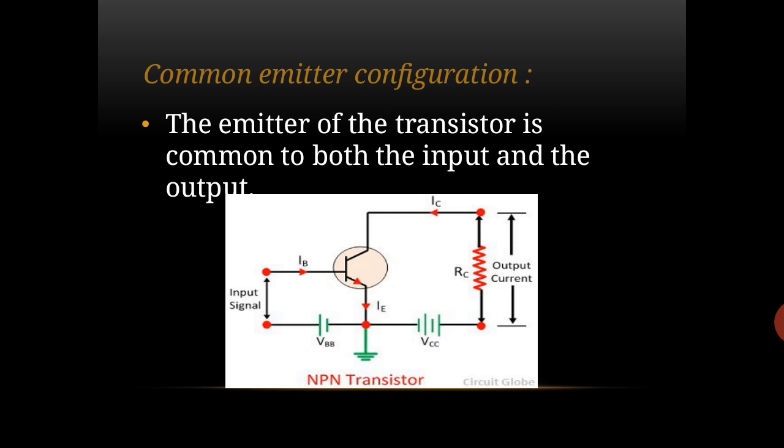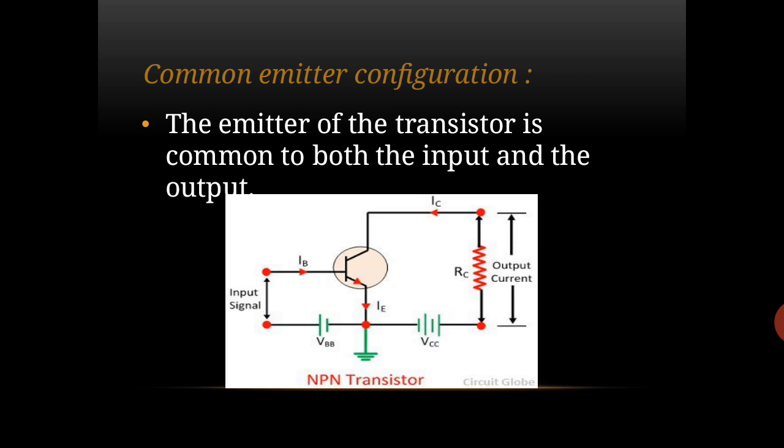As you saw in our last video, we have seen the NPN transistor symbol and the PNP transistor symbol. Now, this is the common emitter configuration using an NPN transistor, but you can use a PNP transistor instead. So the emitter of the transistor is common to both the input and the output.